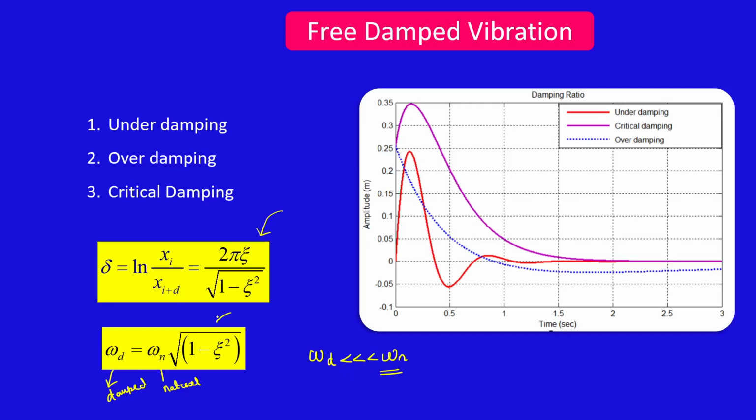This is the relation: omega d equals omega n times square root of 1 minus eta squared. Again, eta plays a major role. So these are all the basic formulas related to vibration. Once you remember these formulas, you can solve any problems related to vibration.